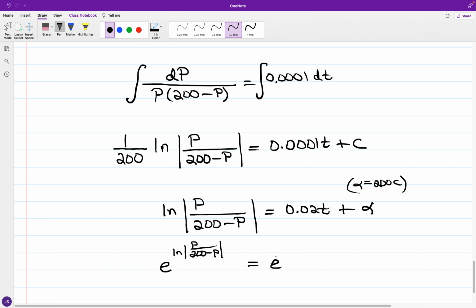Okay, so you have e to the 0.02t plus alpha. So you have e to the 0.02t times e to the alpha. Again, a constant to a constant is a constant, and we'll just call this beta.